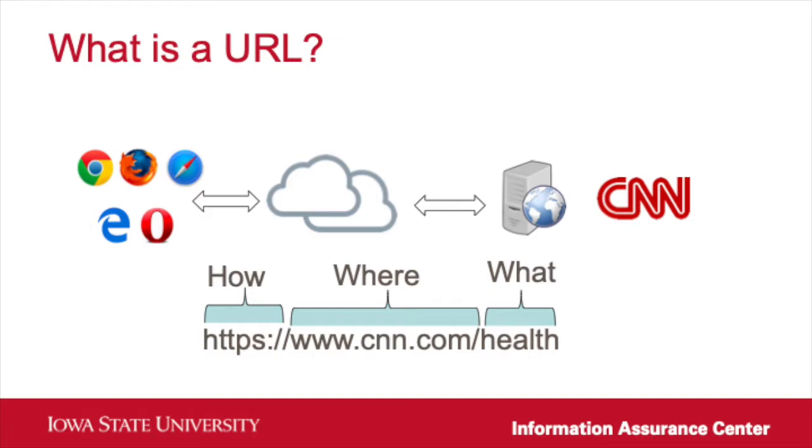The where is the web server that it's going to, an example of CNN.com. And then the what is what file you want from the web server. So the browser uses the how and the where to talk to the web server and sends the web server the what, and the web server returns the data, the information, the files associated with that request.